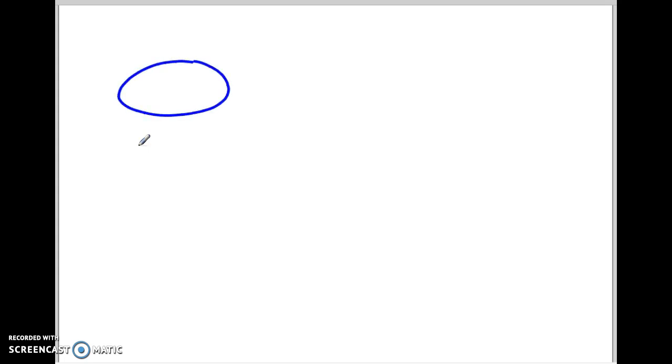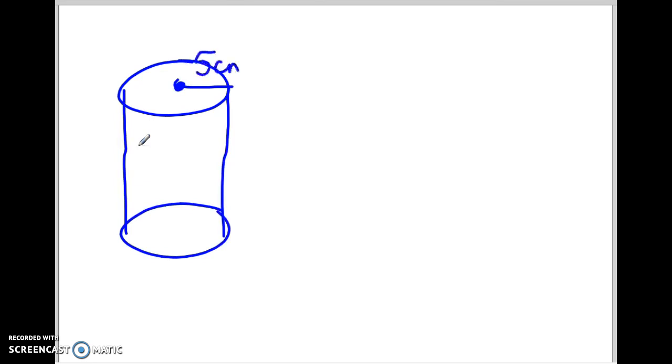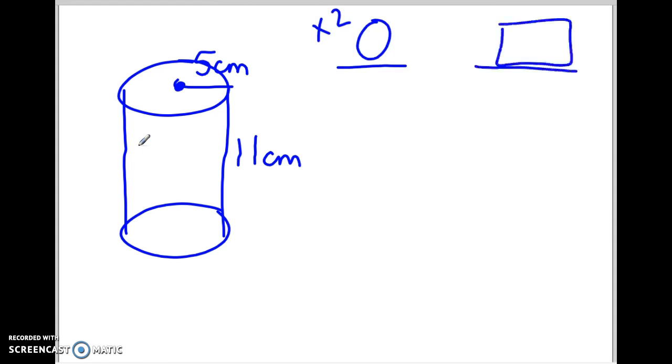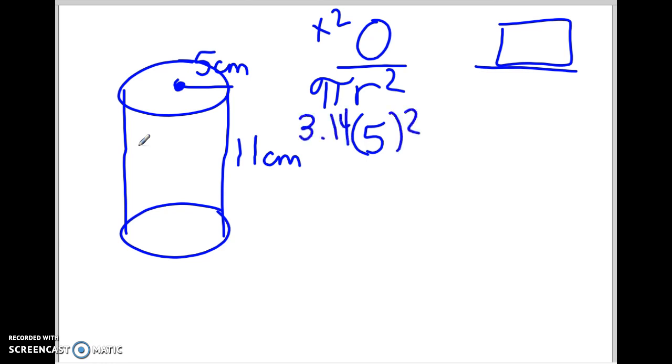So if I have a cylinder and I'm looking for the surface area, okay, let's say they give me a radius of 5 centimeters and a height of 11 centimeters, okay? We have 2 circles that we need to find the area for that are going to be exactly the same, and then we have our rectangle, okay? So circles, pi r squared, we know that that's a full circle, so we'll put 5 as your radius squared times 3.14.